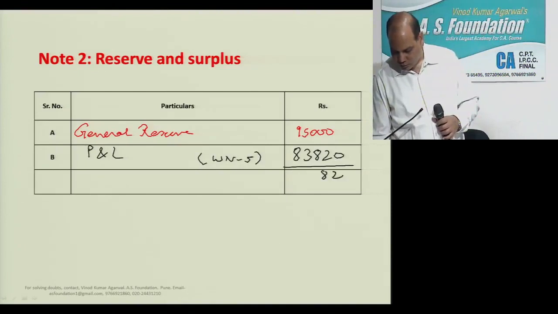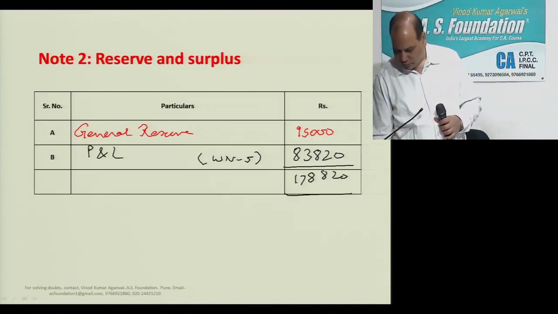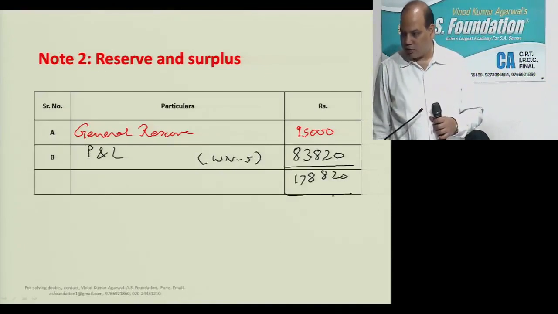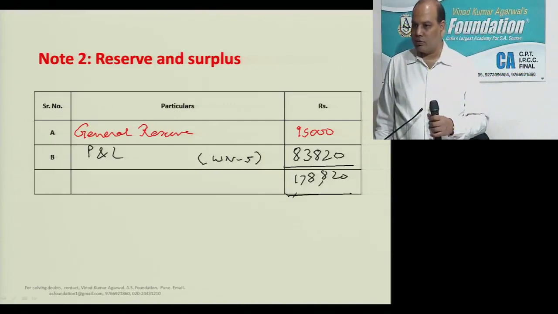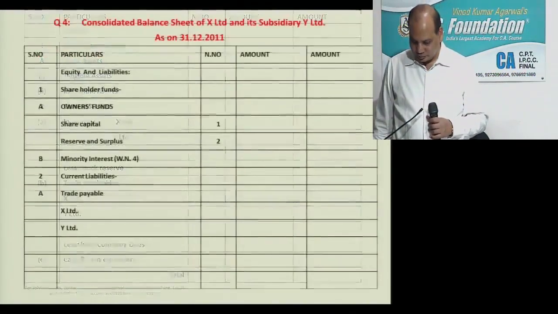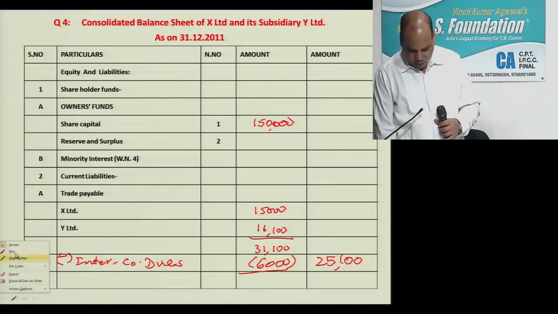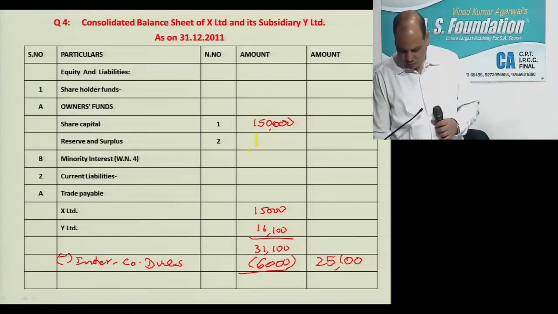Take total, 178,820. Say yes. 178,820. Balance sheet, 178,820.